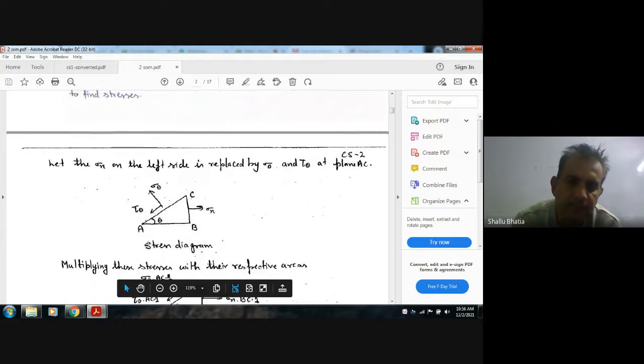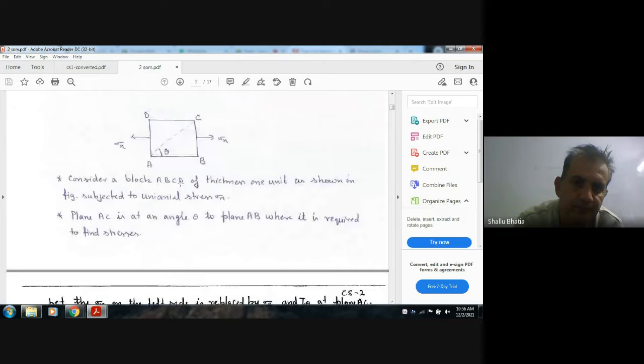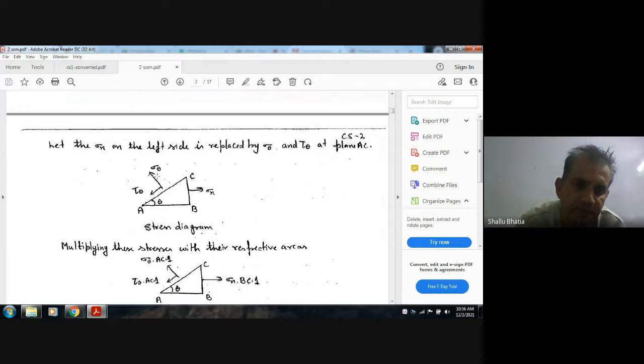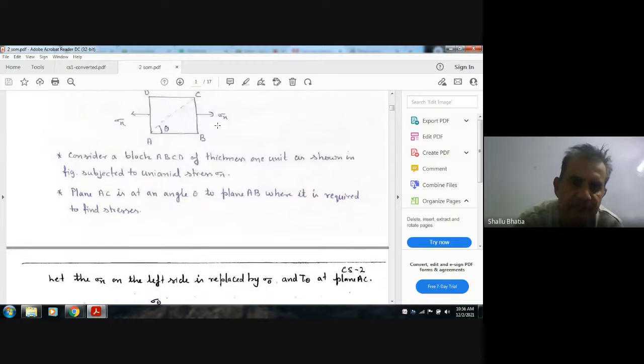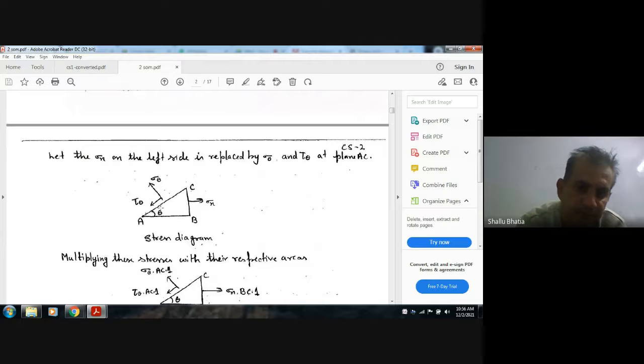Now we can say that sigma x is replaced by sigma theta and tau theta, and this sigma x remains the same, and this sigma x is balanced by sigma theta and tau theta.